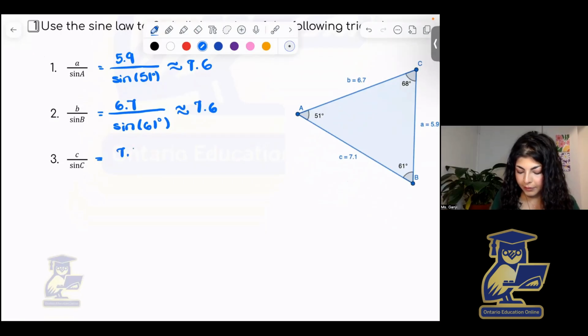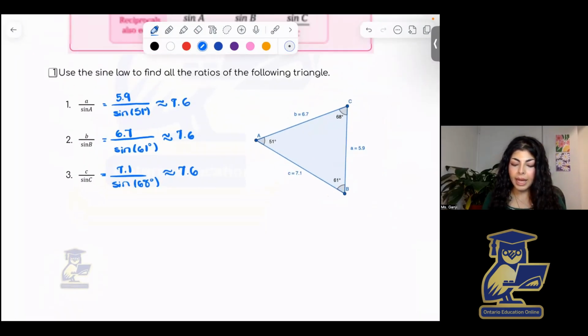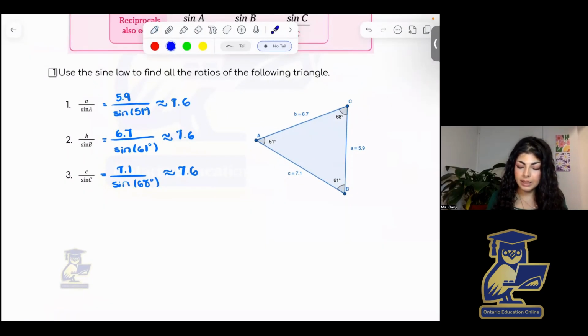And C is 7.1 over sine of 68 degrees, and this will be approximately 7.6 here as well.